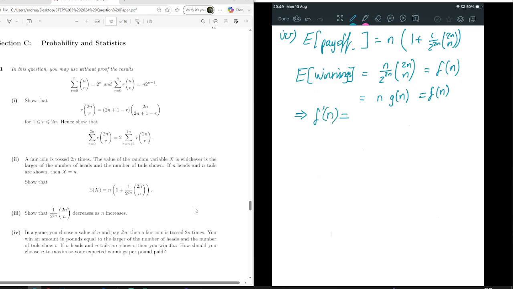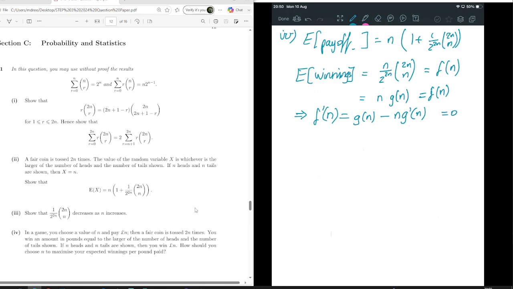If I differentiate the n, leave the g alone, minus differentiate the g, leave the n alone, this thing wants to equal 0. Well, this g is really unpleasant. I definitely don't want to differentiate it.